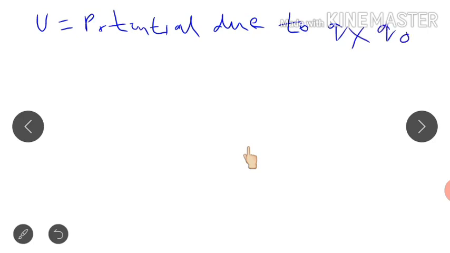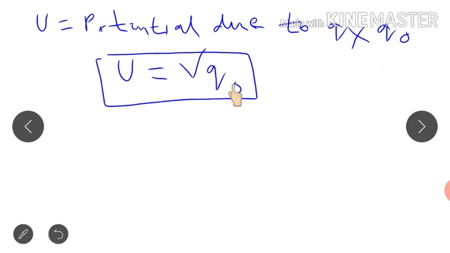Simply I'll write because I'm not able to write properly. So what does it mean? U is equal to, what is the electrostatic potential energy? Potential due to q, potential which is produced due to q which was already there, into the product of that charge which is brought from infinity to that particular point. I think this is clear. So it means we can write, U is equal to V into q0.